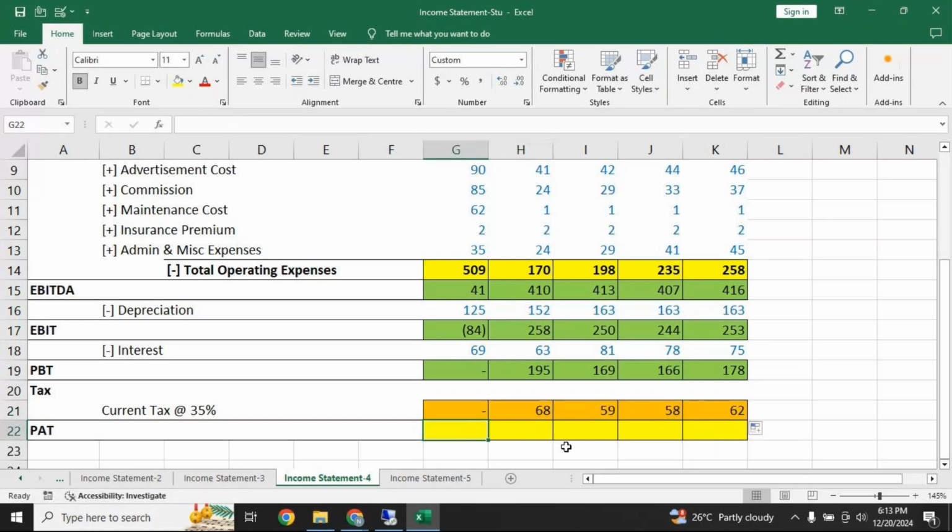Okay, so now this first year it will remain 0, second year it will be 195, that is PBT minus tax. So this is the values what you have to get.